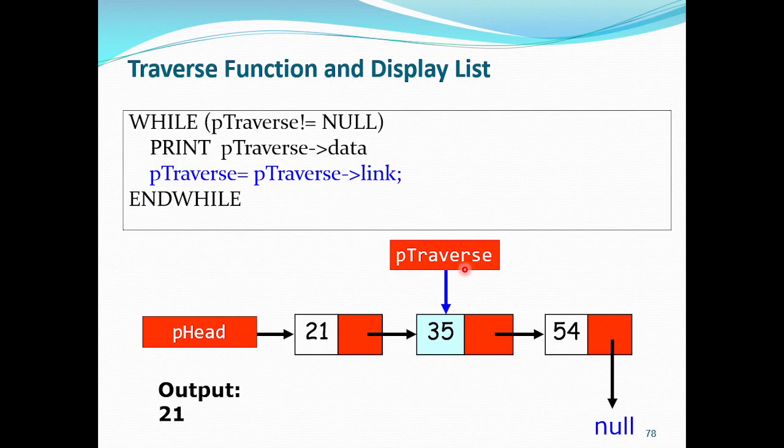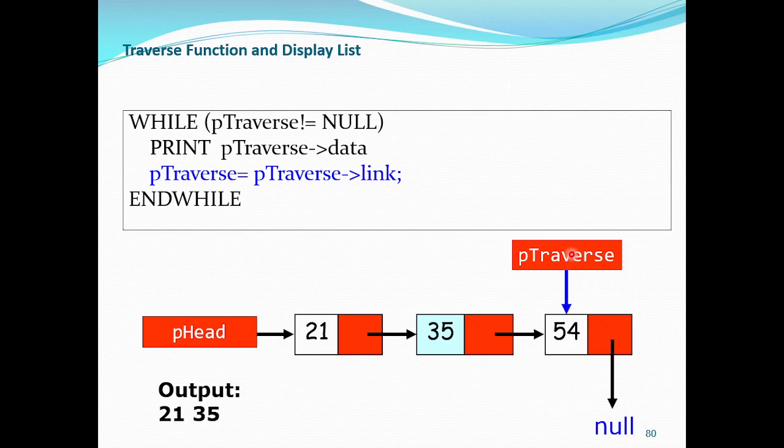Okay, now if we continue the loop and check whether ptraverse is not equal to null, no, it has a node that ptraverse points at. So the condition is true, and then it will print the ptraverse data 35. Okay, then we continue to move ptraverse equal to ptraverse link, and move the ptraverse pointer to the next node, and then check the while loop again whether ptraverse is not equal to null.